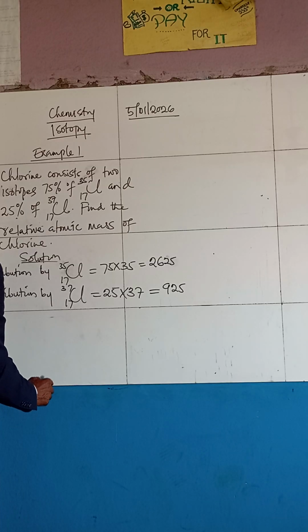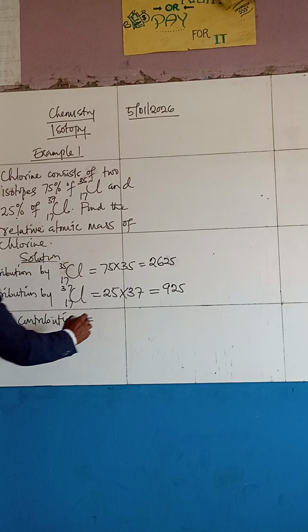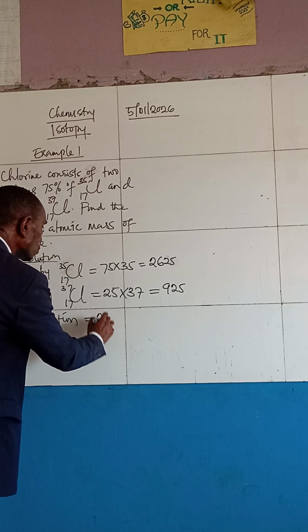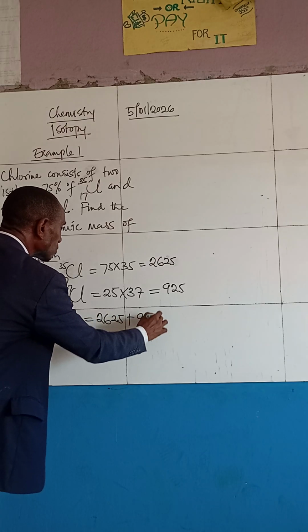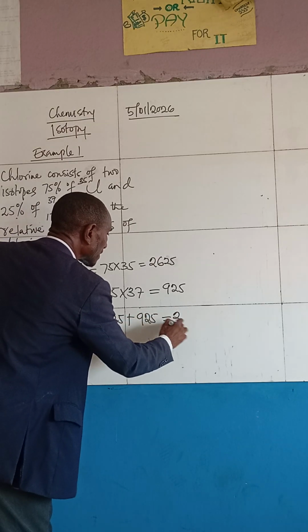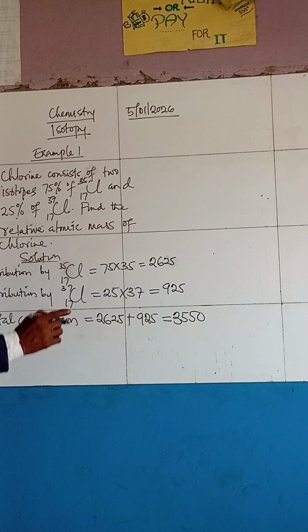Now the question is, what is the total contribution? Total contribution is equal to 2,625 plus 925. That will give us 3,550.